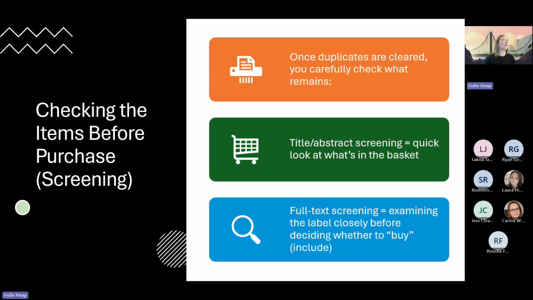No, thank you. Is it not got the intervention you're interested in? No, thank you. So you can filter through those individual records quite quickly before we then go on to the in-depth full text screening of examining the contents of the article in full. So really looking at the label of the clothing, for example, before we want to commit to it.